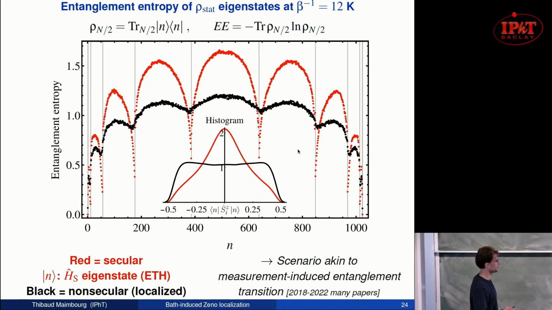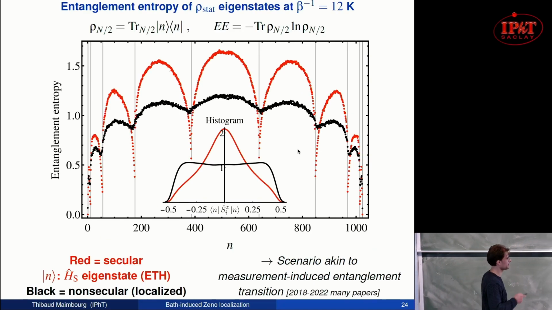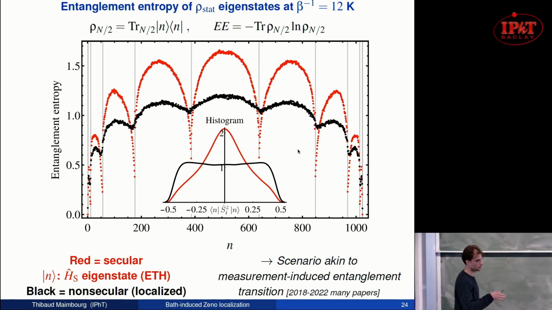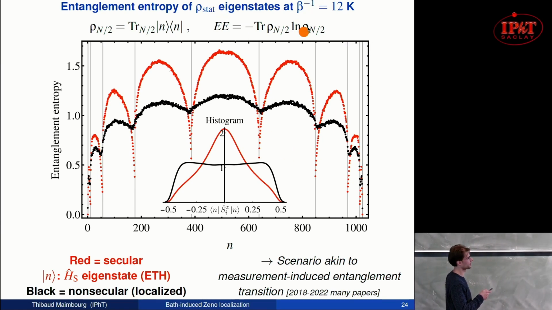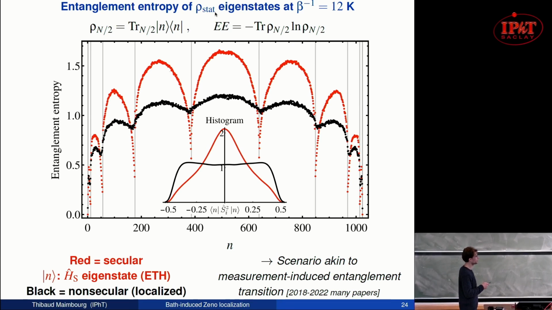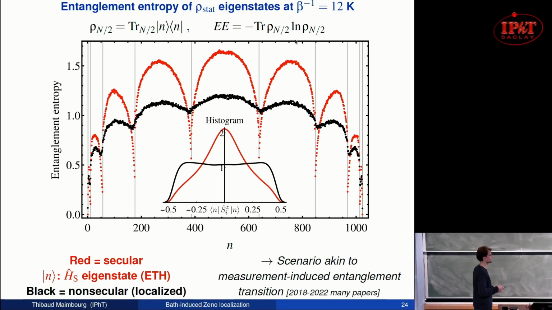Right. And the last thing about this numerics is that I look now at the entanglement entropy, which is another measure to see if it's localized or not. Here I'm looking at this high temperature case where you have localization. I look at the eigenstates of the density matrix, call them n, and I trace over half of the system. Then I get a reduced density matrix and I compute the von Neumann entropy, so that's typically the entanglement entropy of the preferential states of the system.